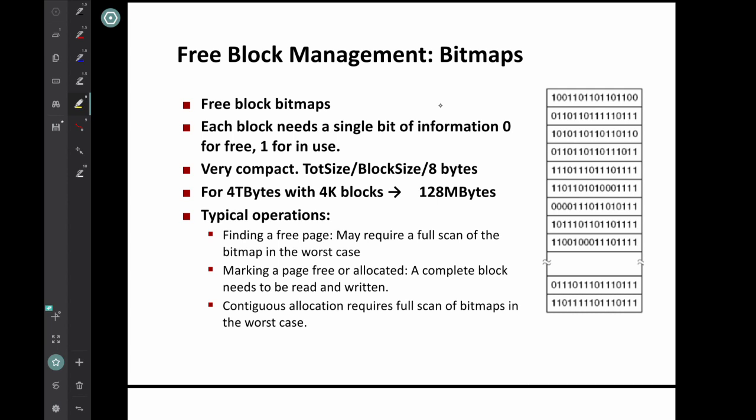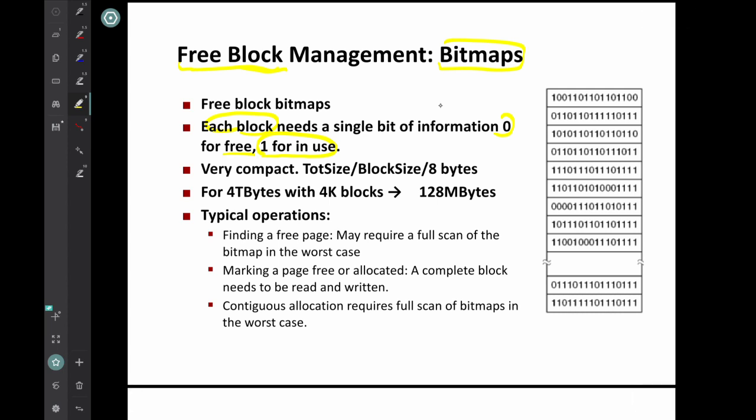So how do we represent the free space on the disk? This is called free block management. One way to do this is to use bitmaps. For each block, we use a single bit of information, 0 for free and 1 for in use if it's part of a file.